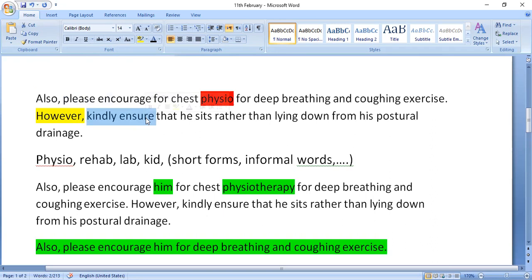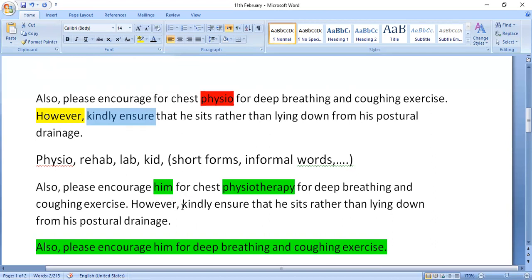That is why we are using "however" here. Is there any opposite relation? Okay, there is no opposite relation. We don't need "however" here. Excellent, all of you are participating actively. So we don't need "however."